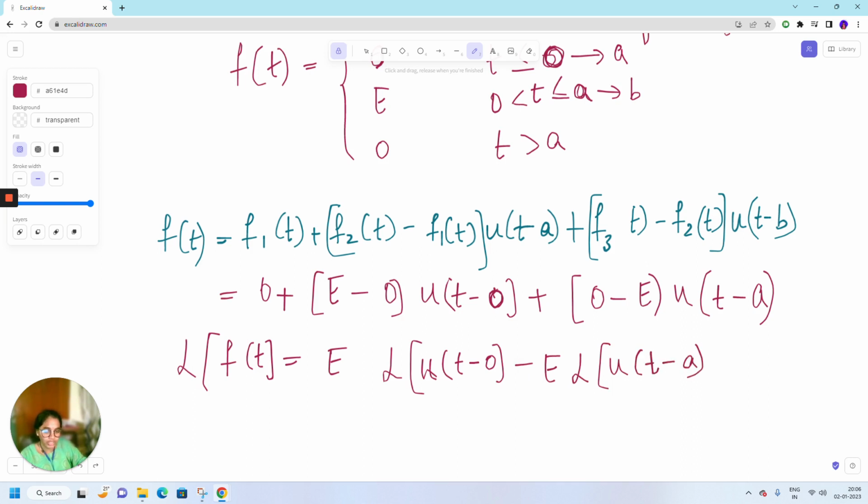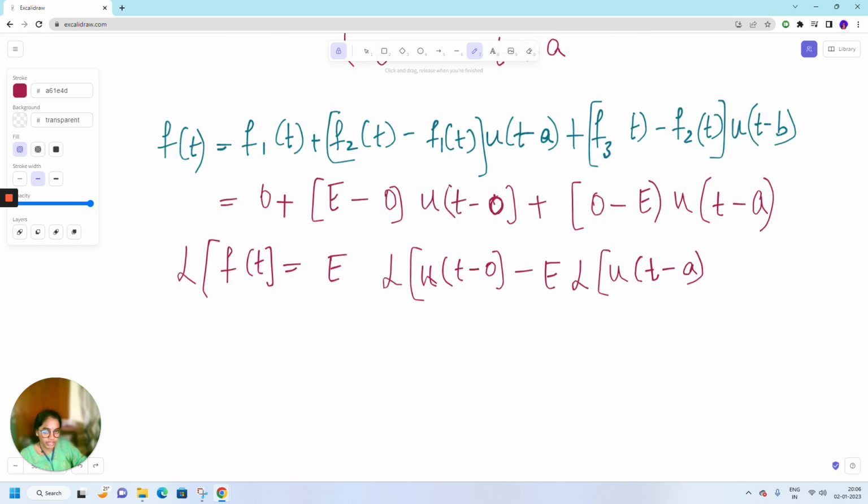This is in the form of which property? First property, right? What was the first property? Laplace of u of t minus a is equal to e power minus as divided by s.